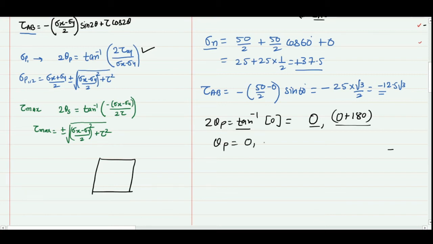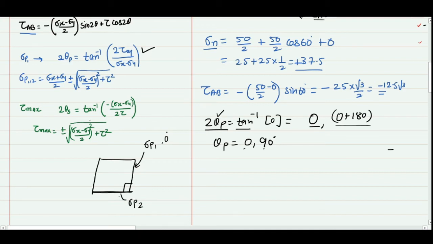Theta p will be 0 and 90°, because this is 2 theta p, and I have to represent the plane with theta p, so it will be 0 and 90°, and I always measure angle from this vertical side. So this plane will become my first principal plane, so it will have a value sigma p and angle 0°, and 90° away means the second one will be this side. So this would correspond to the second principal stress.